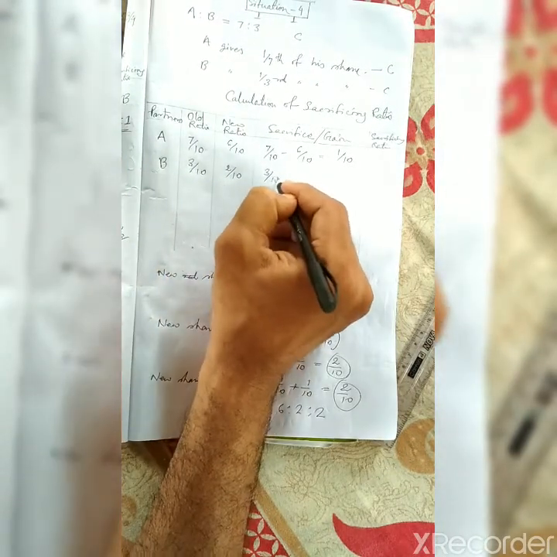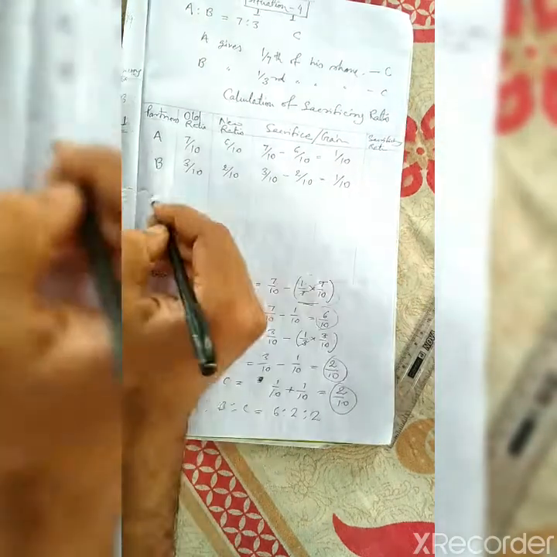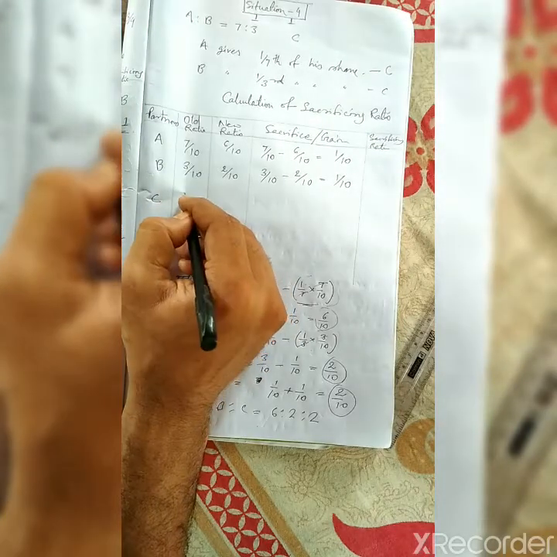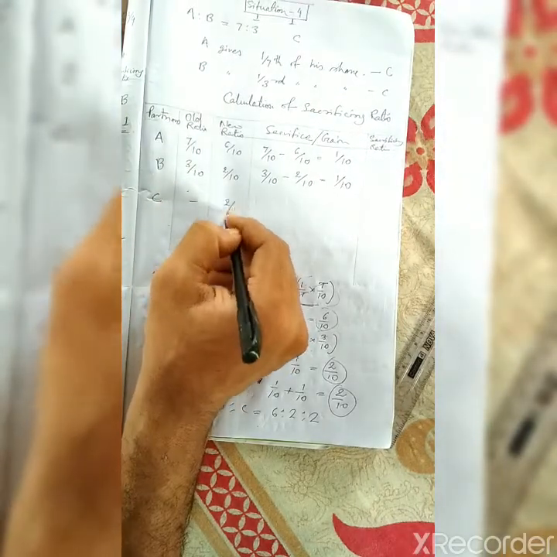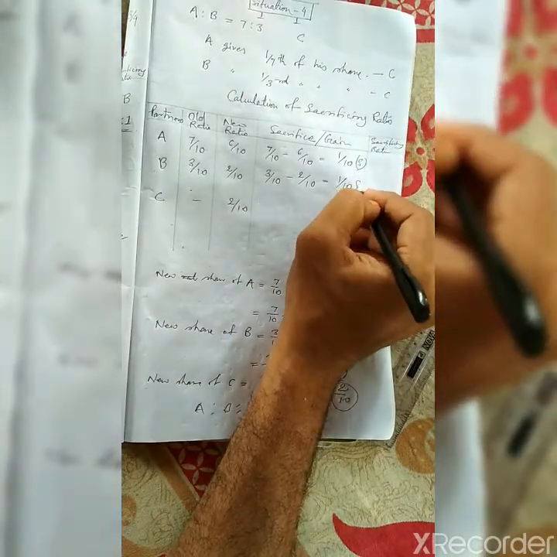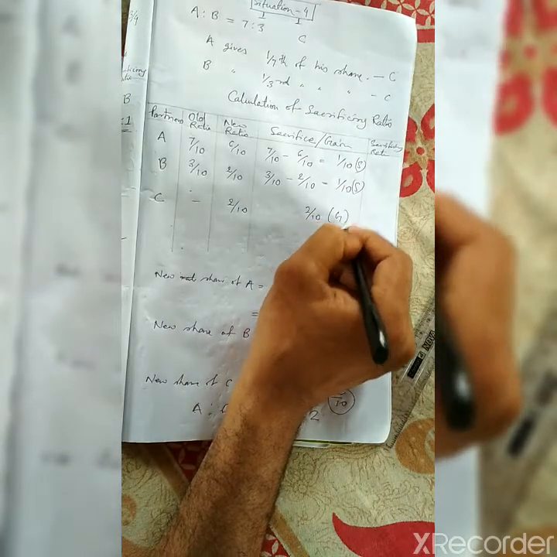So 3/10 minus 2/10 equals 1/10. Again C, he was not getting anything, he is getting now 2/10. So this is sacrifice and 2/10 is gain.